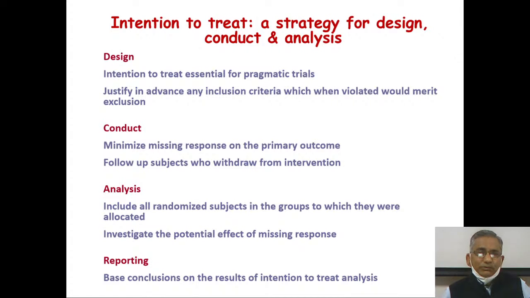Say for example, if you want to buy a car, they will advertise that my car gives 21 kilometers per liter, but the same car, when it comes on the road, will never give 21 kilometers. That is a real world situation, right? So when they reported 21, that is per protocol, under ideal conditions.